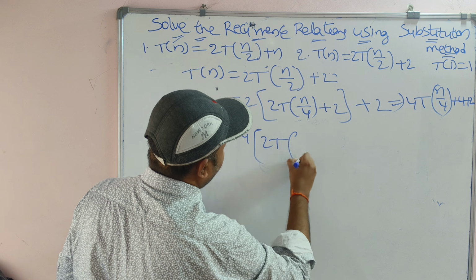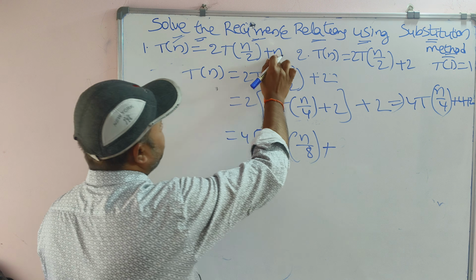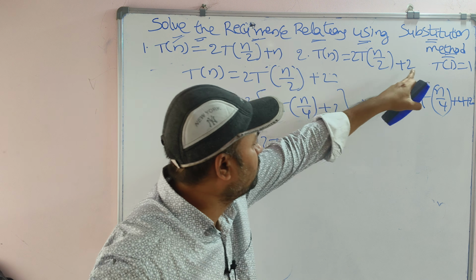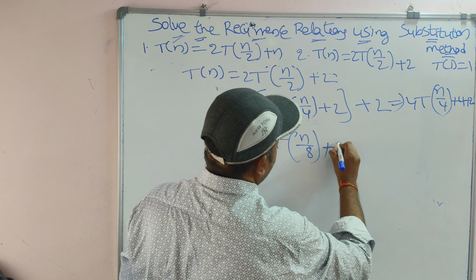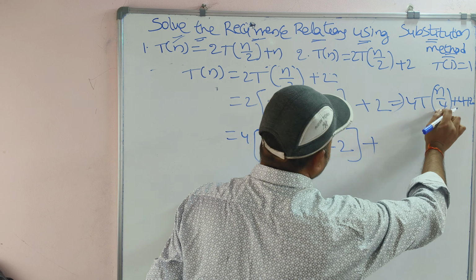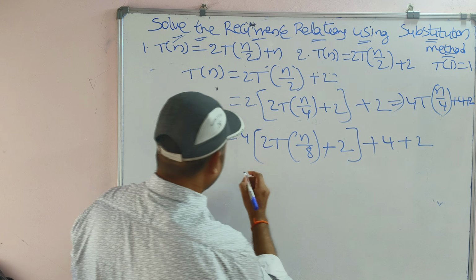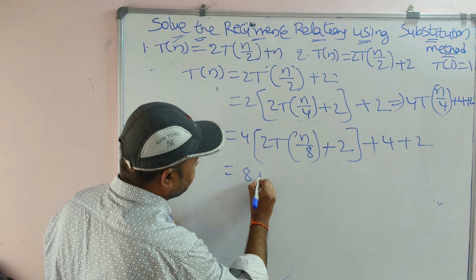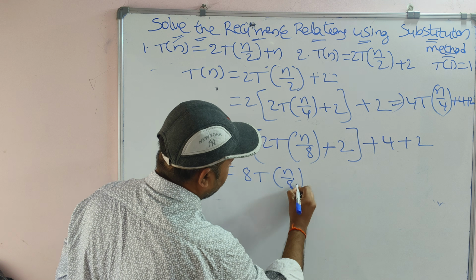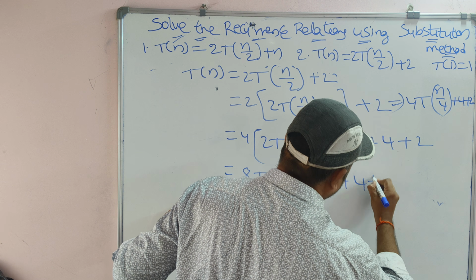So 2T of n by 4 by 2 means n by 8, plus 2. This is the T of n by 4 formula, and additionally we have 4 plus 2. So that is equal to 4 into 2, 8. 8T of n by 8 plus 4 into 2 means 8, plus 4 plus 2.